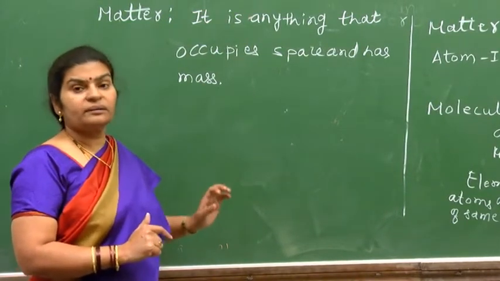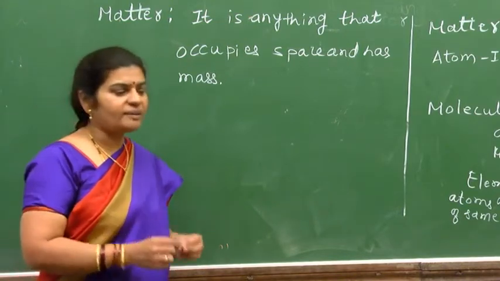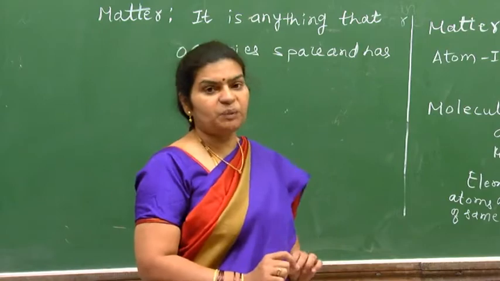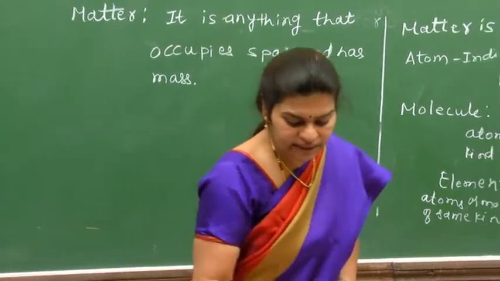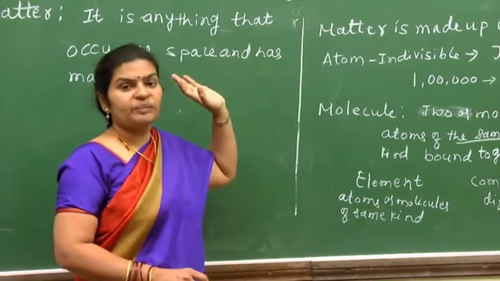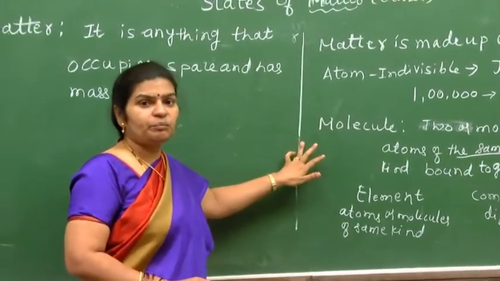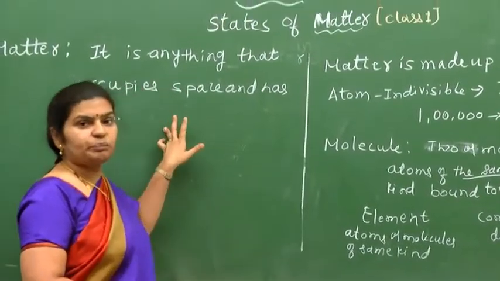But how can we say it is matter? Because of that, we have to study the next thing, which is called the states of matter. That means they are made of the same atoms and molecules and have the same properties.